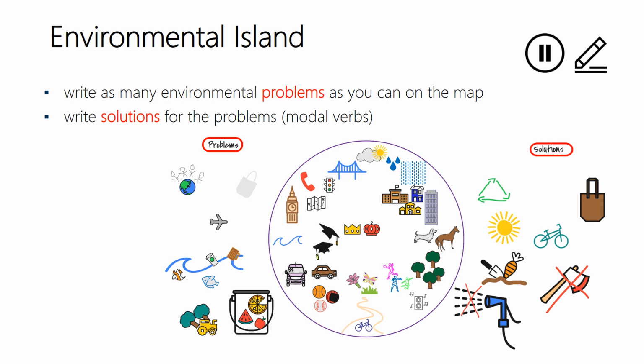When you finish drawing the island, think of as many environmental problems this tourist island might have and then give solutions in the form of advice using modal verbs. You have examples of possible problems and solutions around the island drawn by one of my students. Once you're done with the task, check what you have written with your virtual classroom teacher. Have fun with the task.